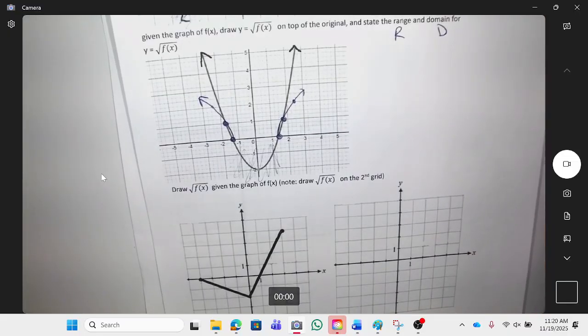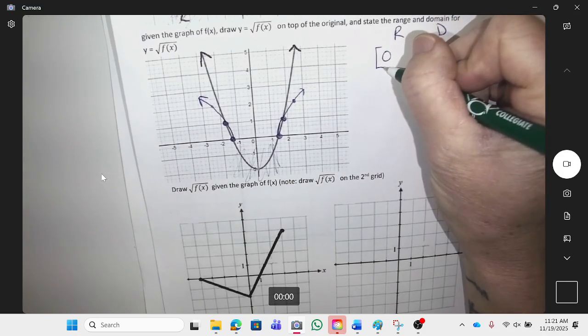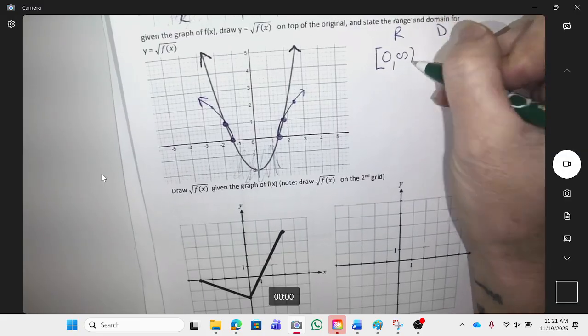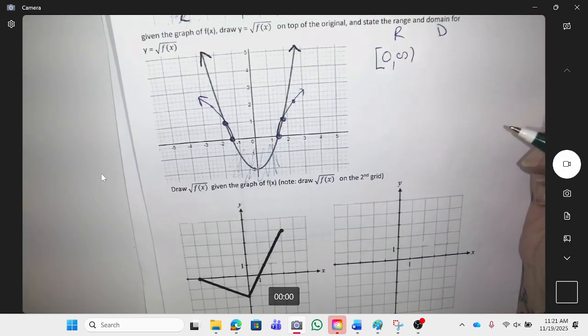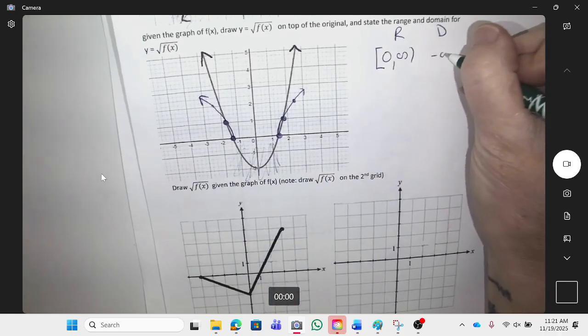It did ask me to state the domain and range. So the range, the lowest height is 0 precisely, inclusive. And then you can go up. The domain we're going to write into 2 chunks. Okay? So starting from the left-hand side, I'm at -infinity.